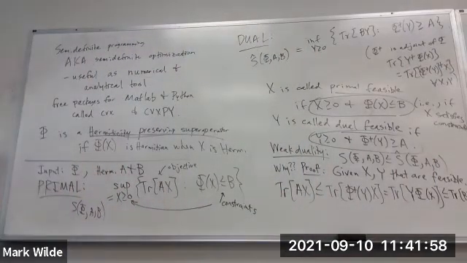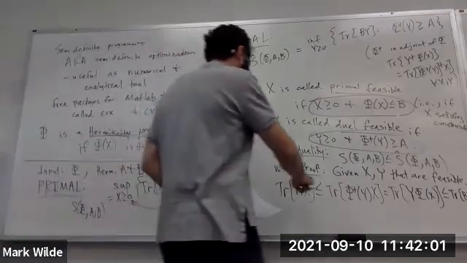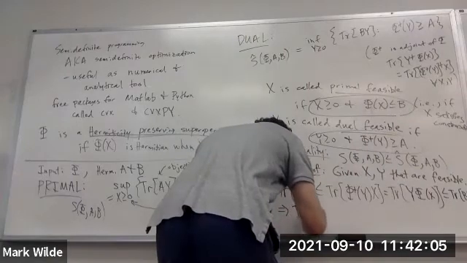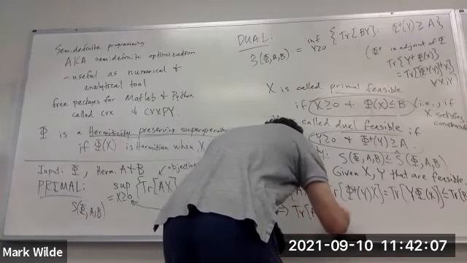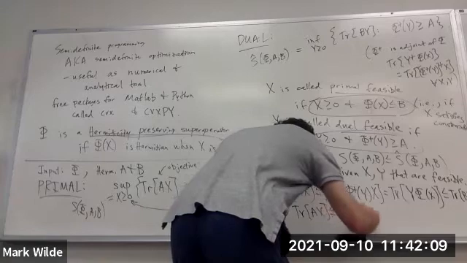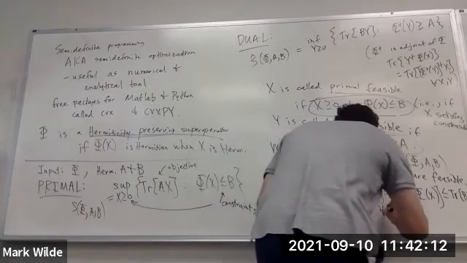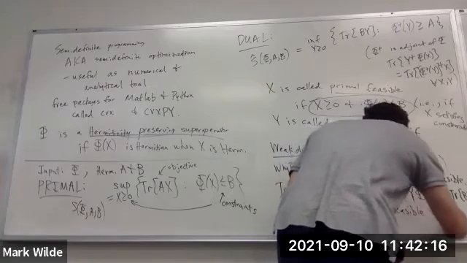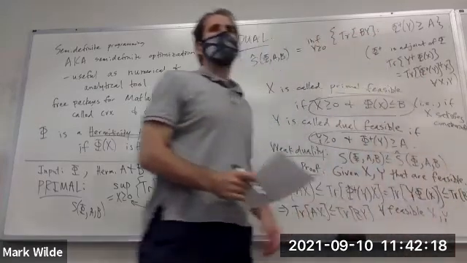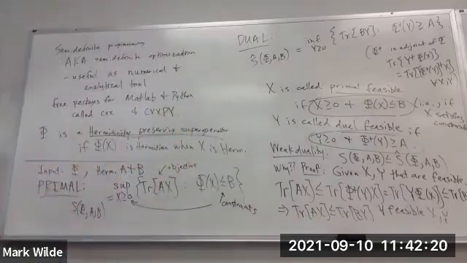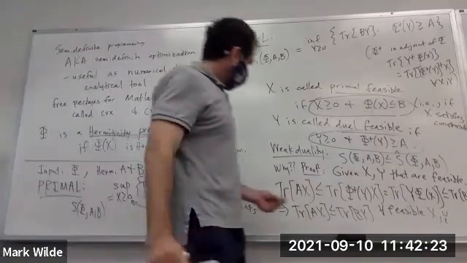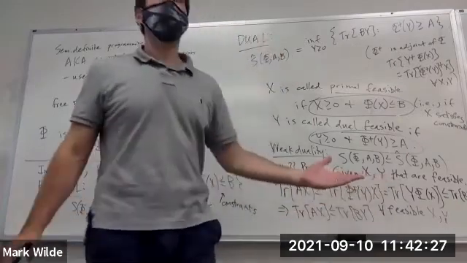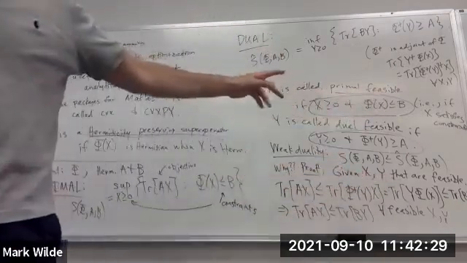Why is that? We've shown that this inequality holds for all feasible X, not just one. If it holds for all, it's extremely strong. Even though it's said to be weak, it's quite strong.